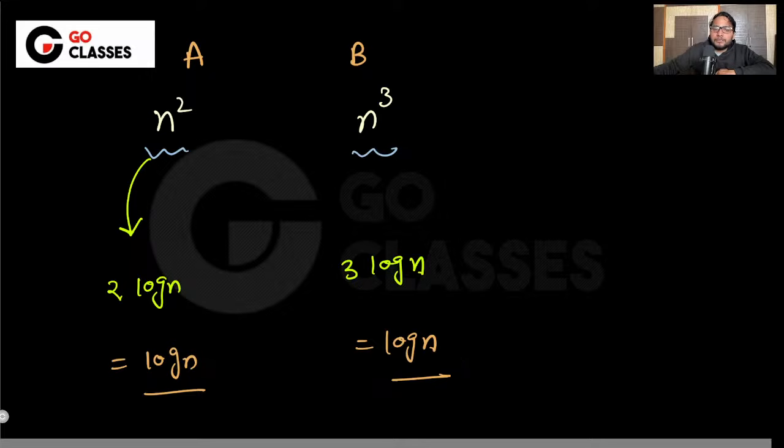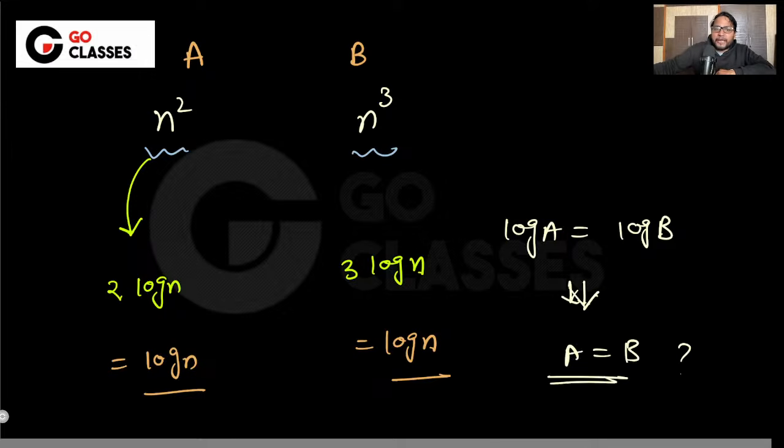Then what does this mean? See, after taking the log, you got to know that log a and log b are equal. Can you say that a and b are also equal? Can you say this? That n square and n cube are equal? No, right? So here is a catch. Let me just tell you what is a catch.